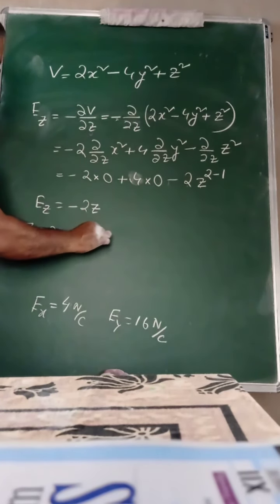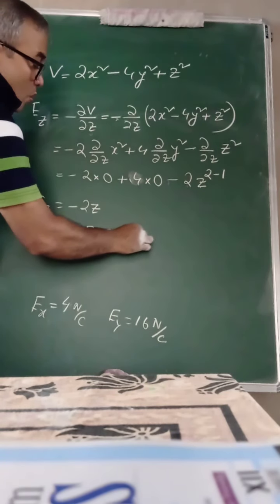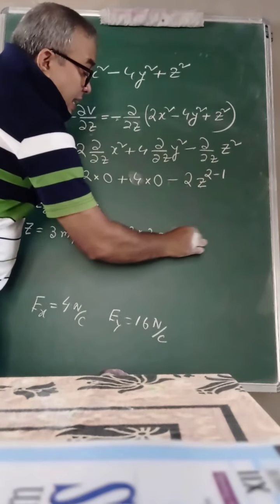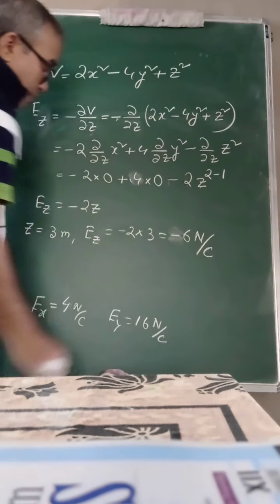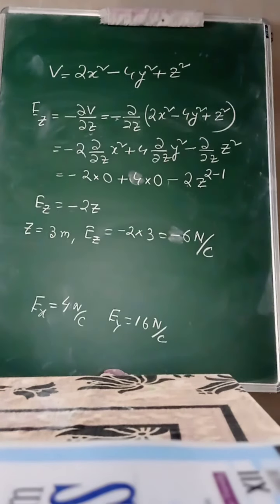So the value of Ez is equal to minus 2 into 3, which is minus 6 Newton per coulomb. So this is the value of the z component of the electric field.